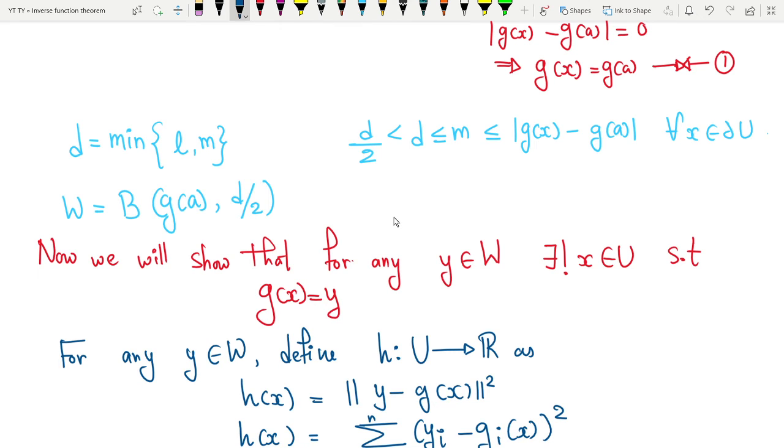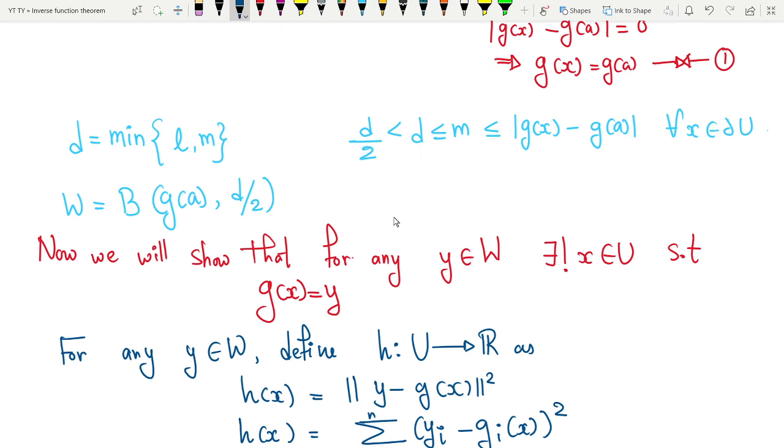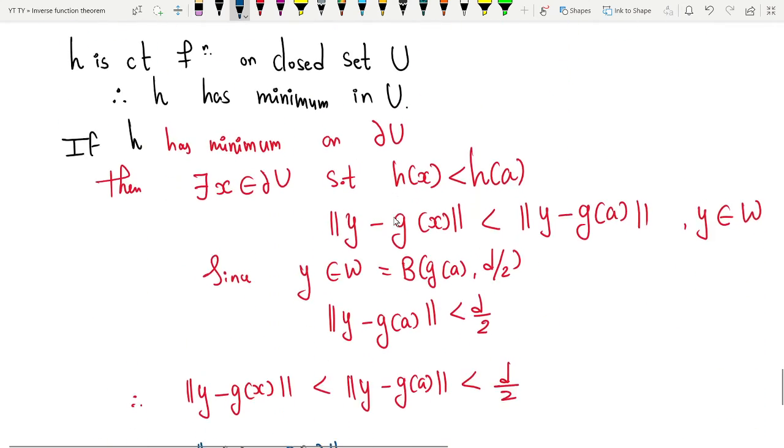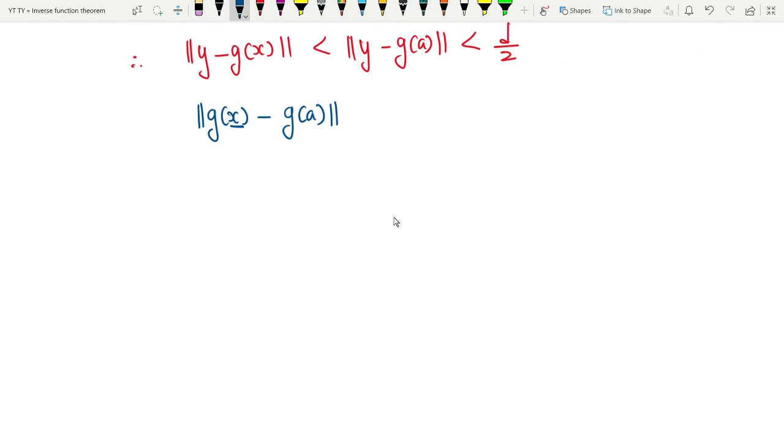What we know is, for any x on the boundary of U, the distance between g(x) and g(a) should be greater than this M, or more precisely it should be greater than d/2, right? It should be greater than d/2, right? So that means this thing should be greater than d/2.